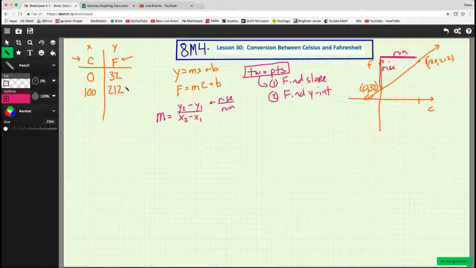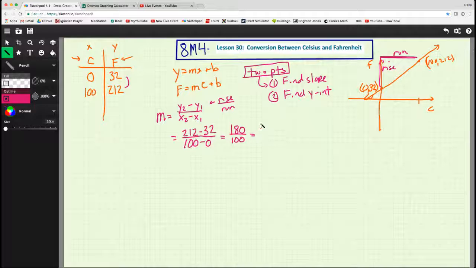So if we subtract our y's, we get 212 minus 32, and if we subtract our x's, we get 100 minus 0. So here we have 180 over 100.